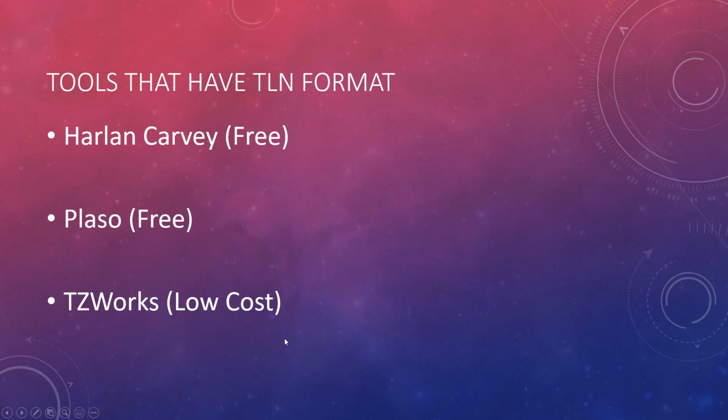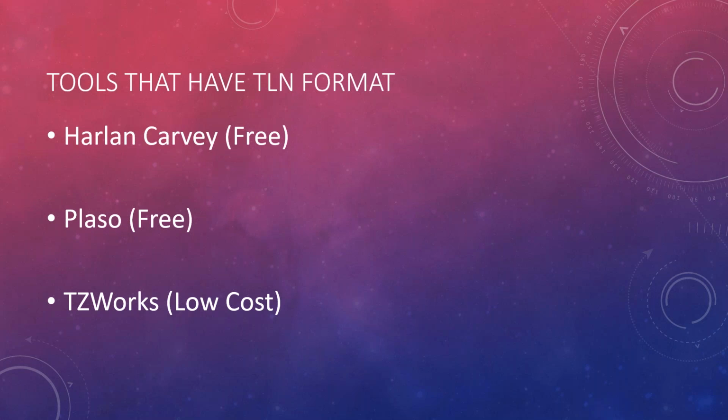There are several tools that I'm aware of, and I'm sure there are even more out there in the community that support this TLN format. Of course, Harlan Carvey's RegRipper and a lot of the tools he developed output into TLN format. There's also Plaso, which is the new version of log2timeline. So if you like working with Plaso, you can leverage Plaso using the framework to call your favorite parsers and automate that process.